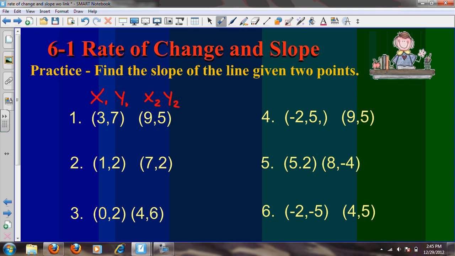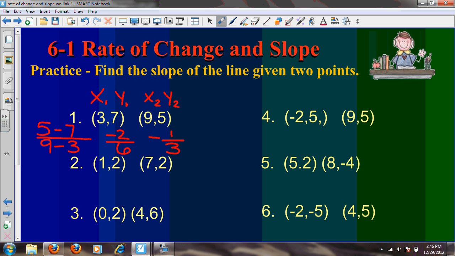So we looked at our formula, y2 minus y1. y2 was 5 minus y1, which is 7, over x2, which is 9, minus x1, which is 3. 5 minus 7, negative 2. 9 minus 3, 6. Can I simplify that? Absolutely. Negative 1 over 3. That is my slope.